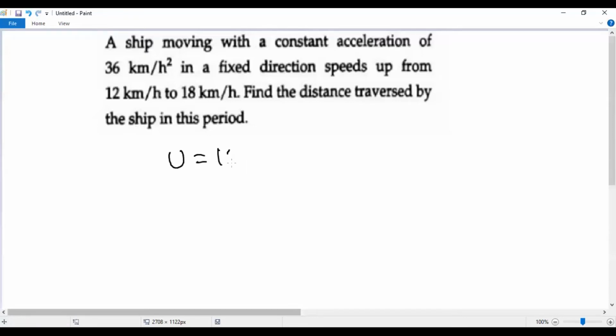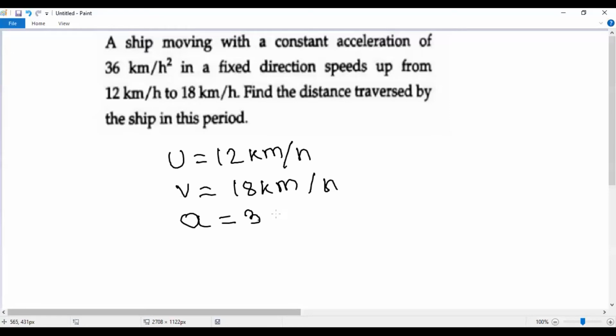u is equal to 12 km per hour. v is equal to 18 km per hour. And the acceleration is equal to 36 km per hour square. Okay, so now we have to find the distance. So we can use the same equation that we used in the previous problem, that is v square is equal to u square plus 2as.